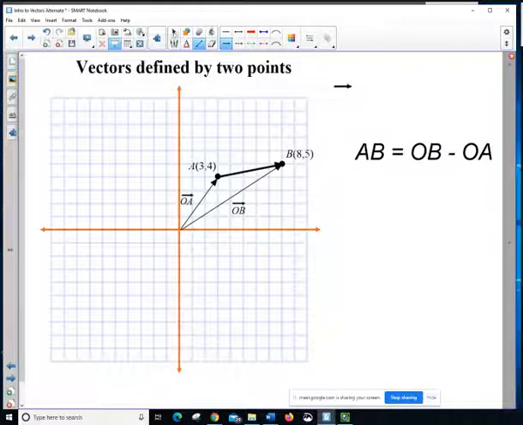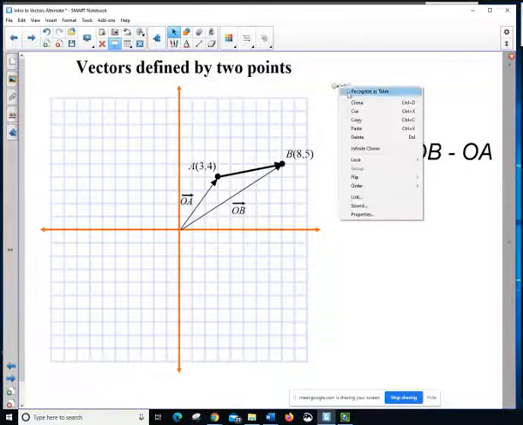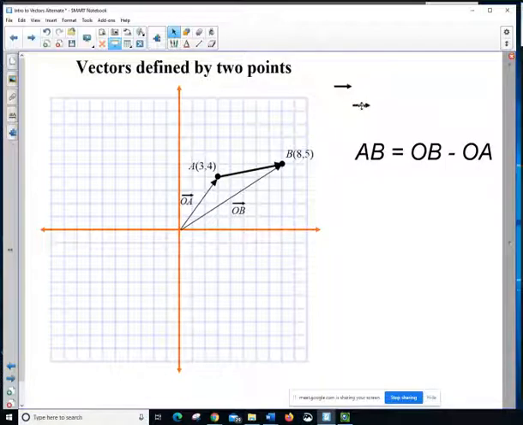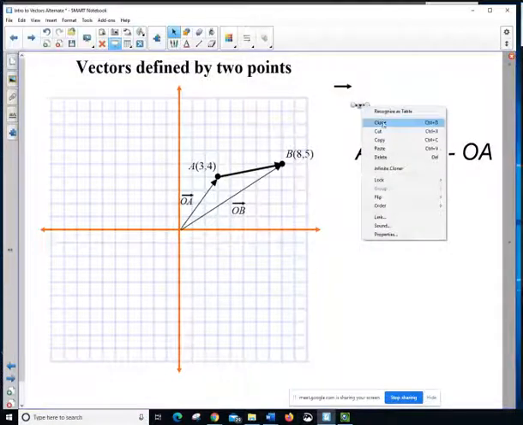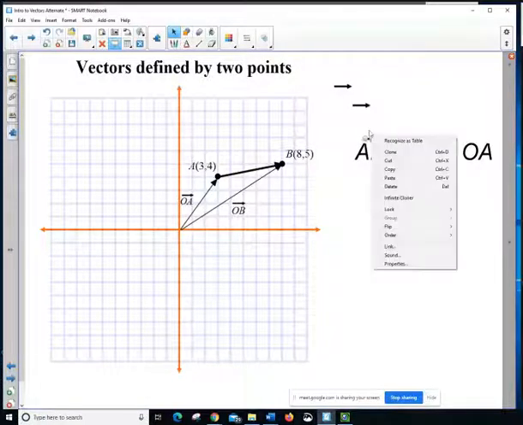Let's put vector notation around all of these just to make sure we understand that these are vectors.